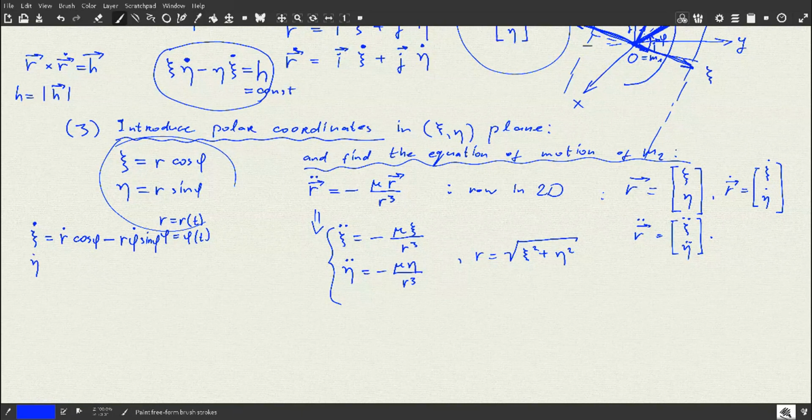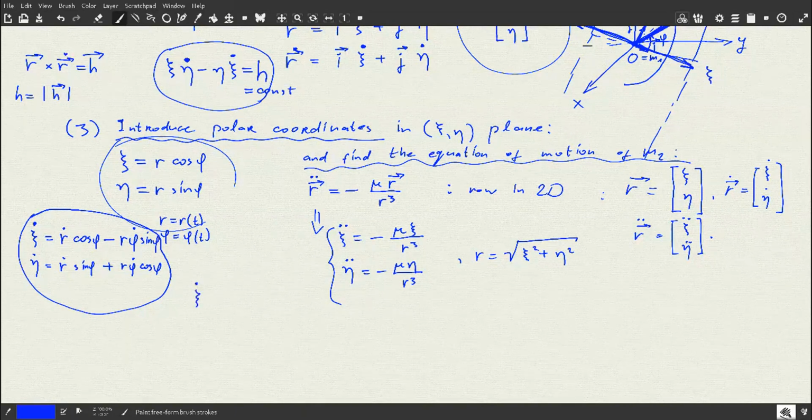And eta dot equals r dot sine phi plus r phi dot cosine phi. Is it clear? Any questions about this? All fine. If all fine, let's endeavor to compute second derivatives.